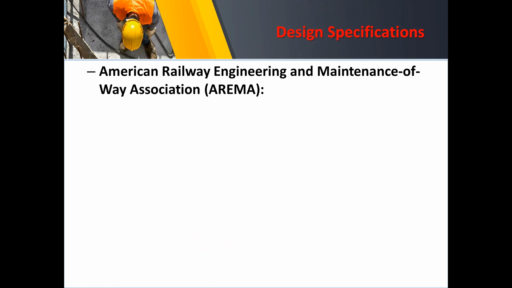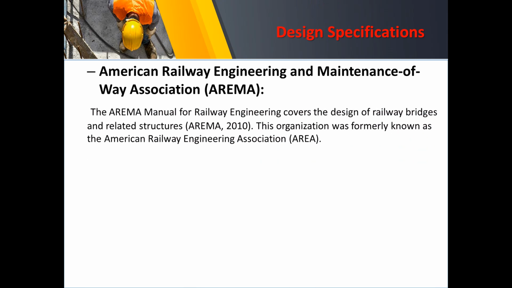We also have the AREMA, or the American Railway Engineering and Maintenance of Way Association. The AREMA Manual for Railway Engineering covers the design of railway bridges and related structures. This organization was formerly known as the American Railway Engineering Association.